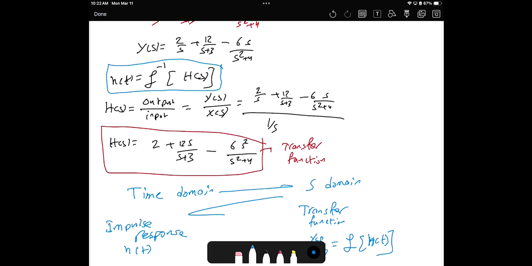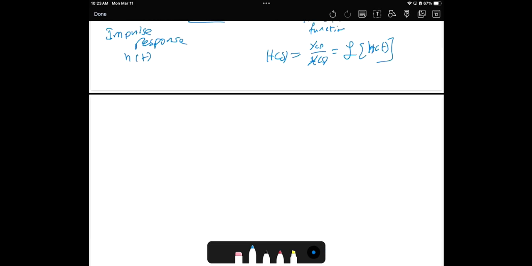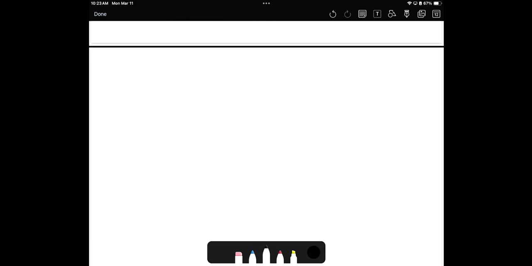Does this make sense? Now, we have h of s as the transfer function. We need to find the impulse response, since the transfer function and the impulse response are related by the Laplace transformation. So let's do the Laplace inverse, right? In order to find h of t, it will be the Laplace inverse of h of s.